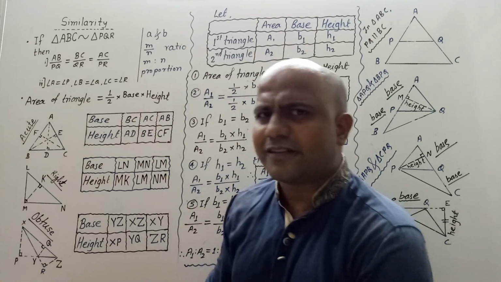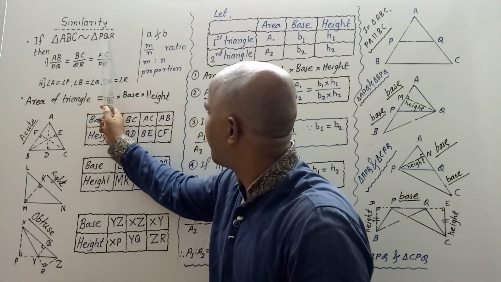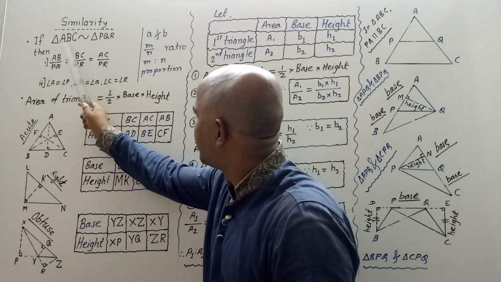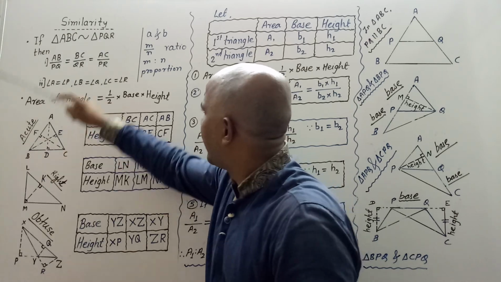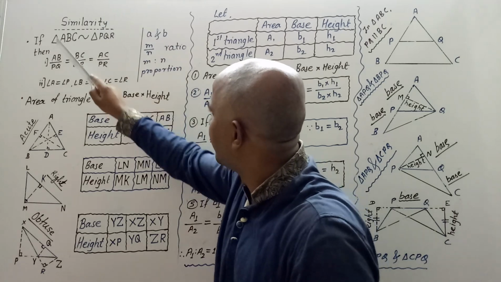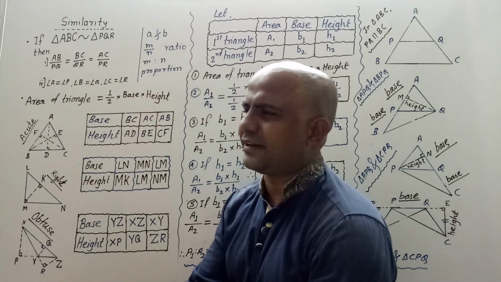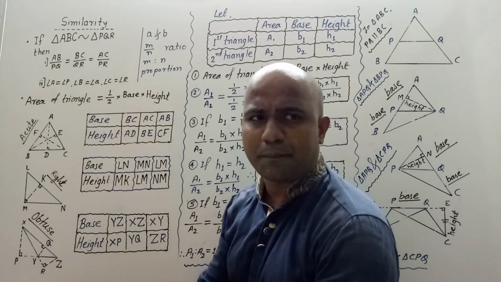Their corresponding sides are in the same proportion: first second, AB upon PQ; second third, BC upon QR; and finally first third, AC upon PR. These are their corresponding sides. The ratio of their corresponding sides is the same, meaning they are in the same proportion.